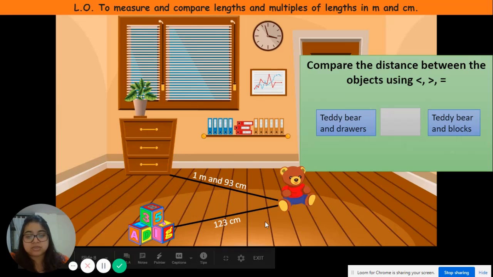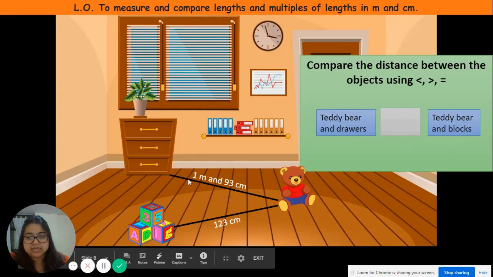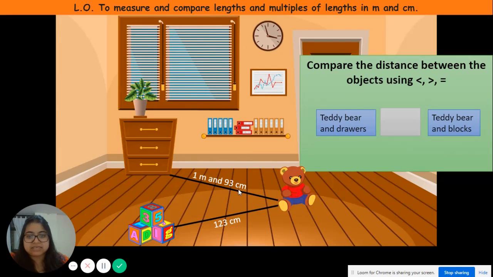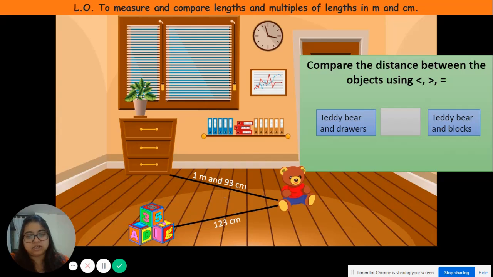I want you to pause this video and think about the answer. You can always go ahead and do rough working for yourself. So if you notice, this distance is 1 meter and 93 centimeters. Let's change everything only in centimeters and then compare. You can either do it like a rough working on a paper, or you can do it in your mind.